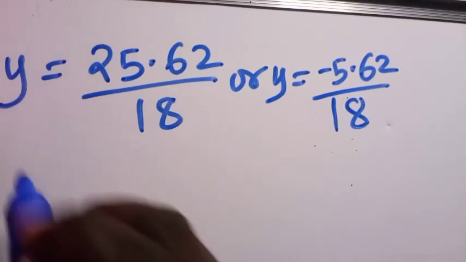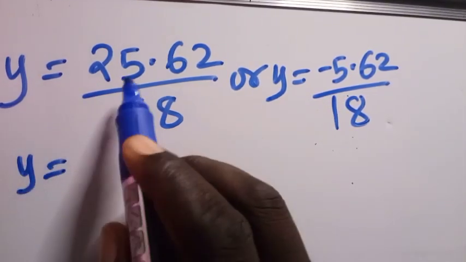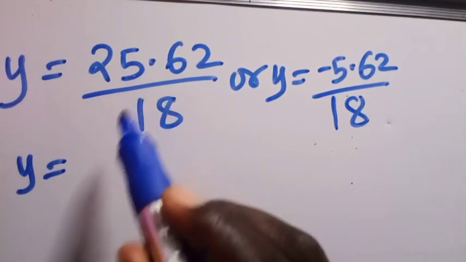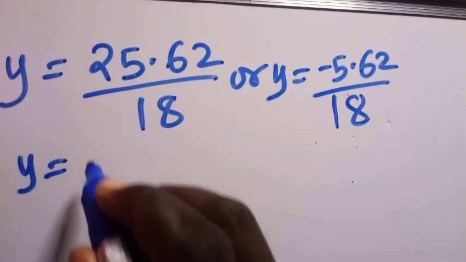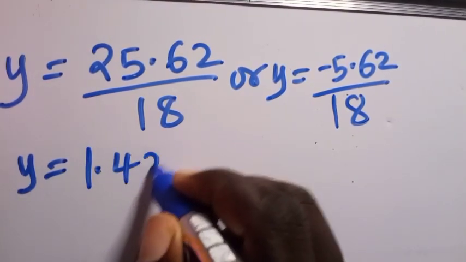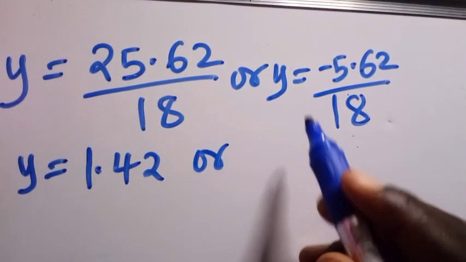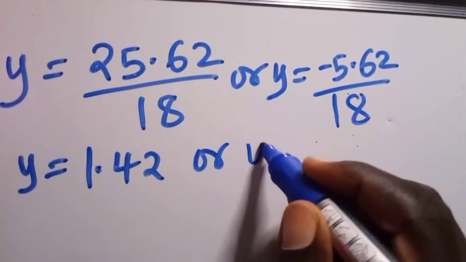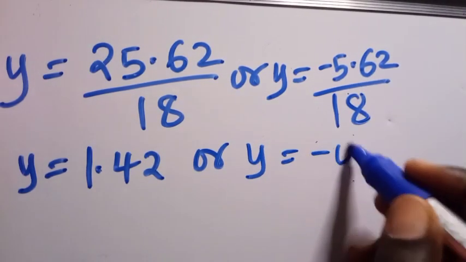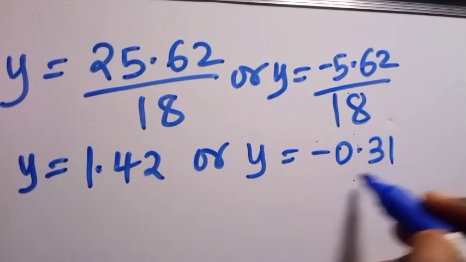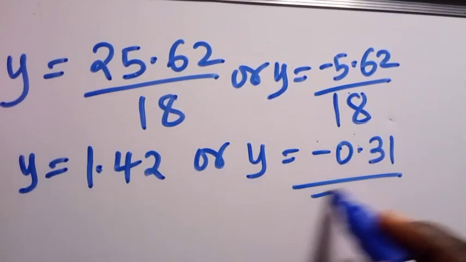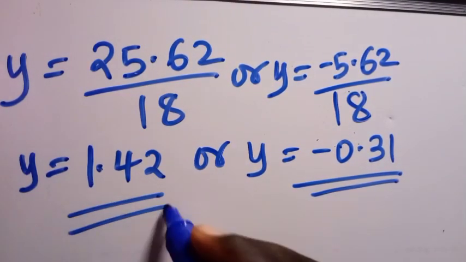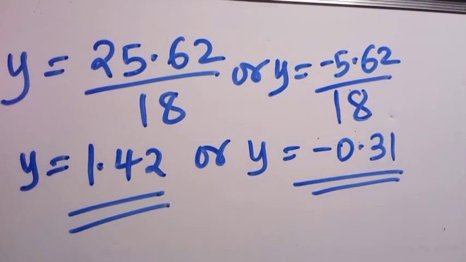Therefore, y can be 25.62 divided by 18, which is just 1.42 from the calculator, or negative 5.62 divided by 18, which is just negative 0.31.